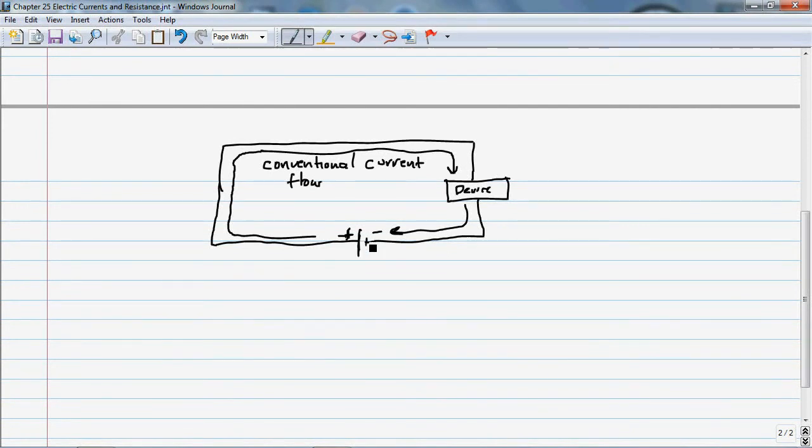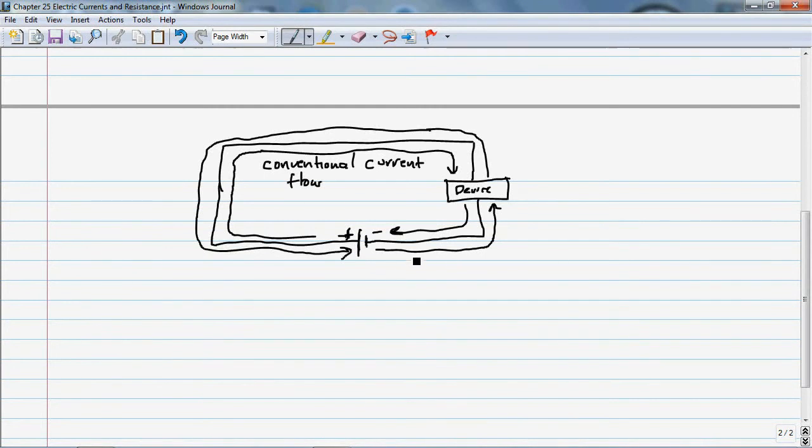But after years of research and advances in understanding of the structure of an atom, it was found that electrons actually are the charge carriers. So the electrons flow in an opposite direction, and this is called electron current flow.